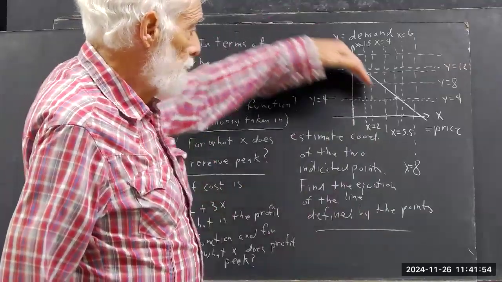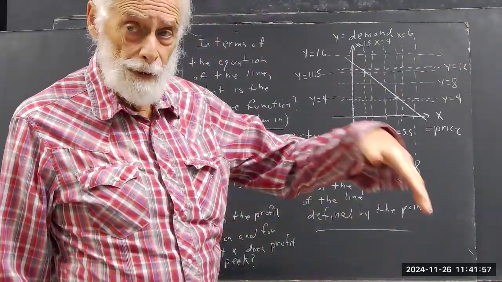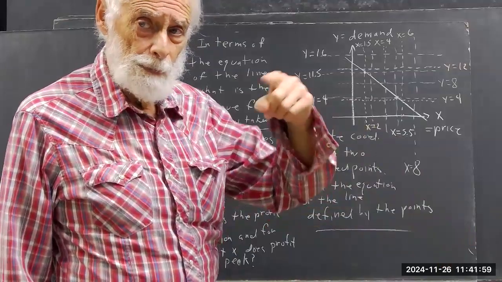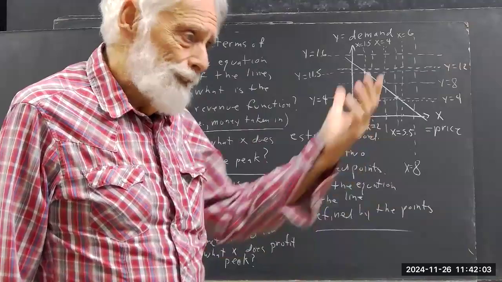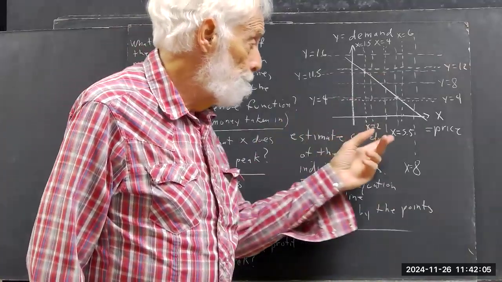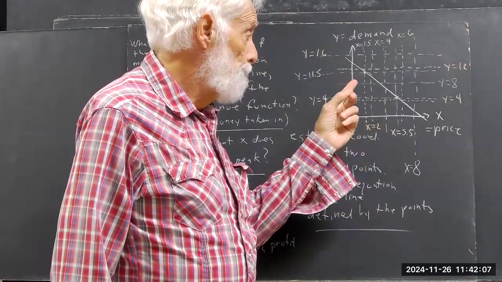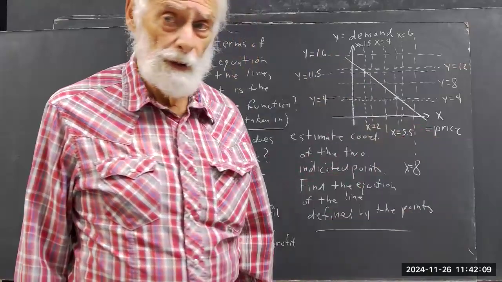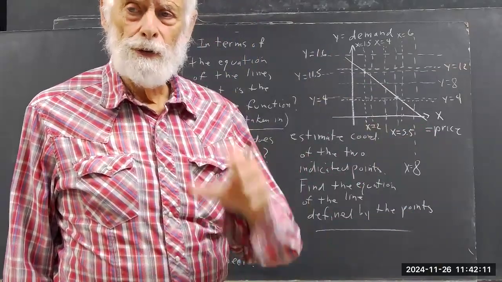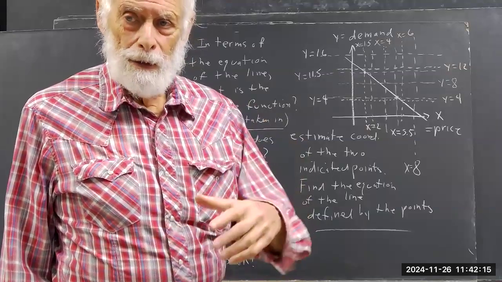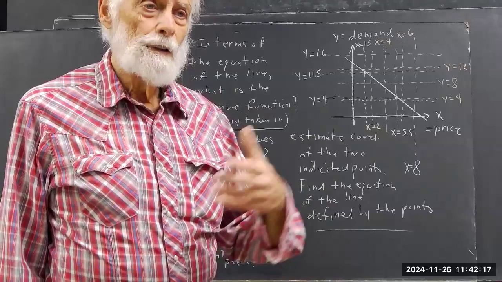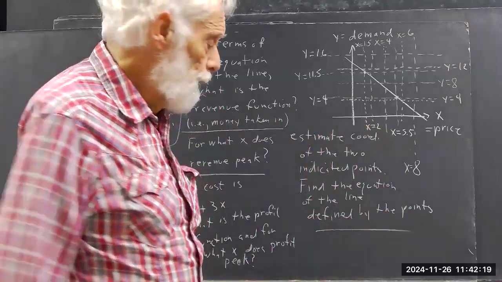Now, this is an overly simple model. Usually your demand versus price function is going to look maybe something like this. I'm just guessing. It's not necessarily going to be a straight line function. But we can do a simple model with a straight line function to understand a lot about some of the decisions that could be made in a business.